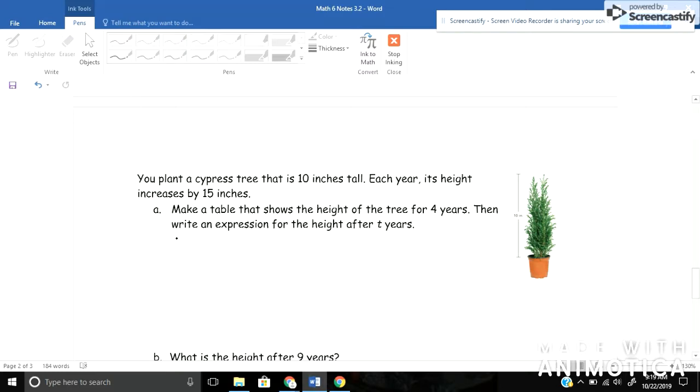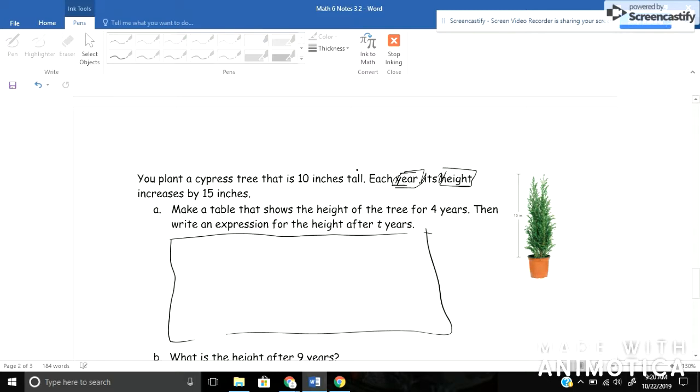All right, making myself a table here. It might be tricky to make all the lines straight, so sorry about that. But what are the different things I'm talking about? I'm talking about years, and I'm talking about height. Years are represented by the variable t, so I'll stick that in here.